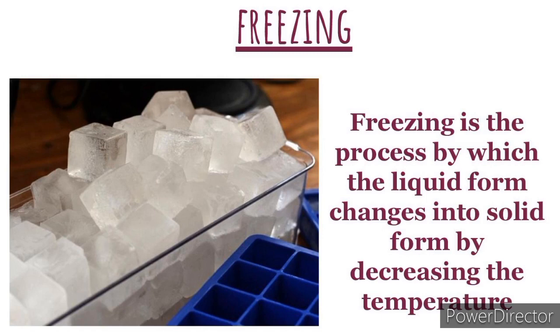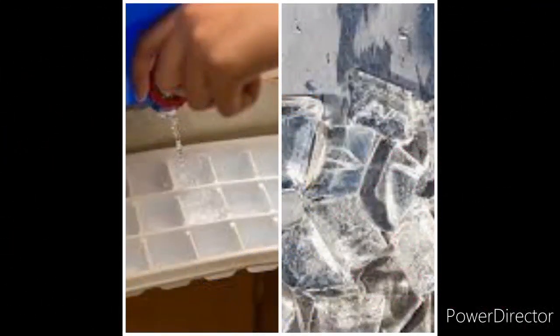Okay, the first term is freezing. What is freezing? Freezing is the process by which the liquid form changes into solid form by decreasing the temperature. Right. So when we keep the water in the freezer of a fridge, what happened to the water? The water is changed into ice cubes, isn't it? So the water is in the form of liquid state.